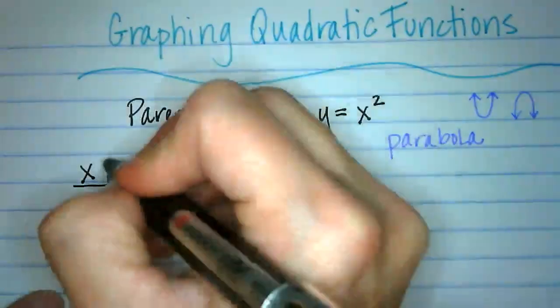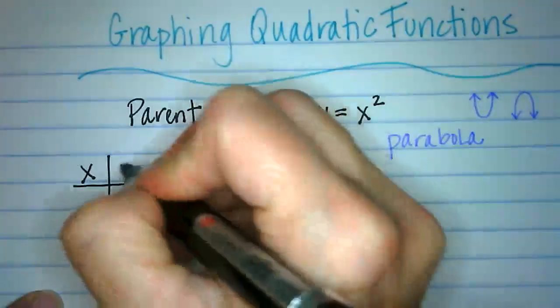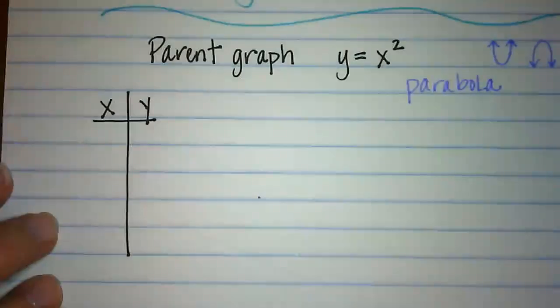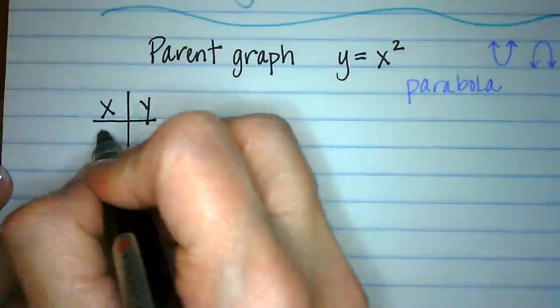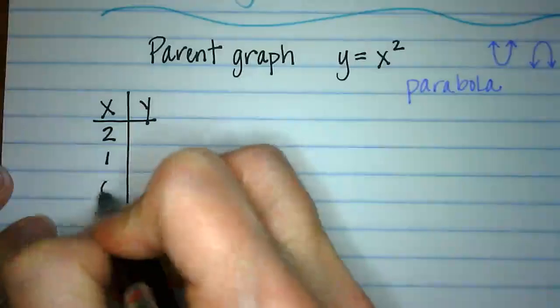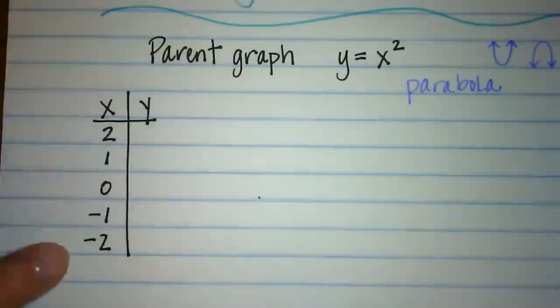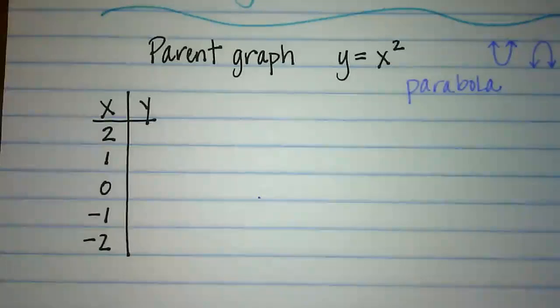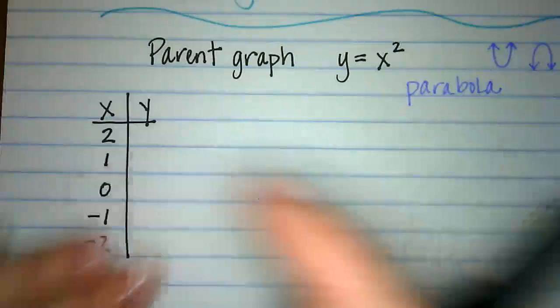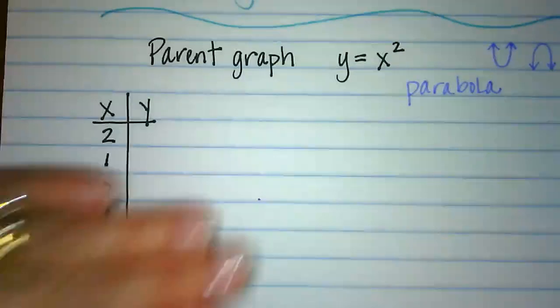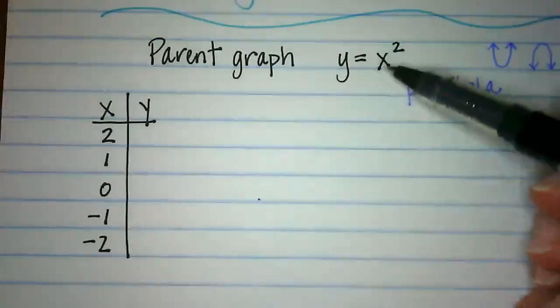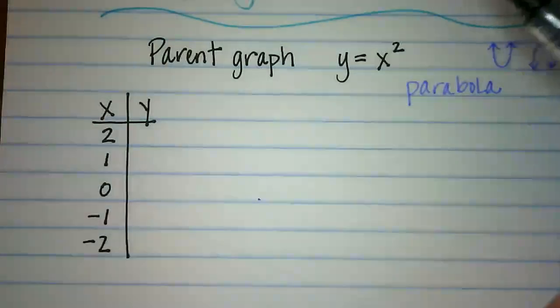If we had an XY t-table here, I'm just going to do 2, 1, 0, negative 1, negative 2, because those points are just right around the origin. So it's pretty basic. First we are going to fill in the x. So for y equals x squared, we're going to first fill it in with a 2.